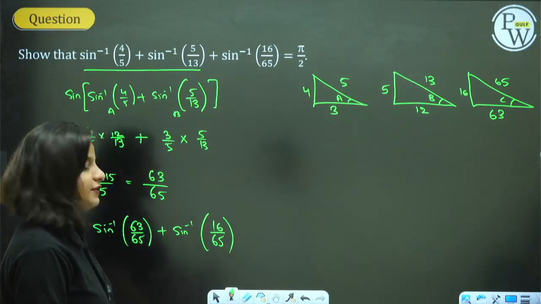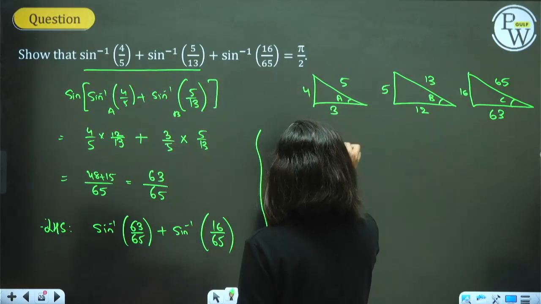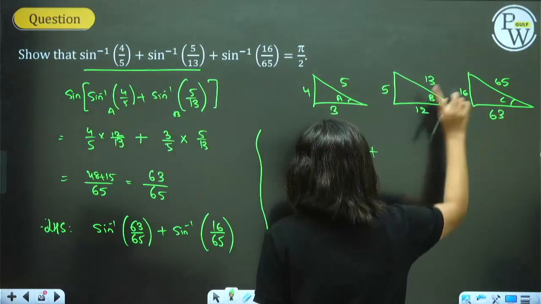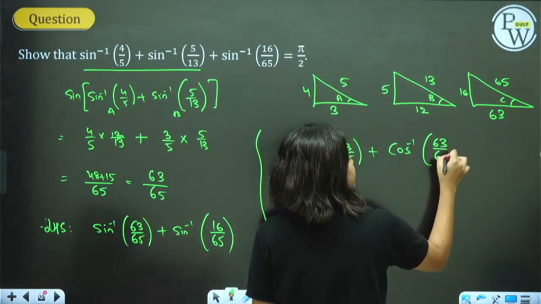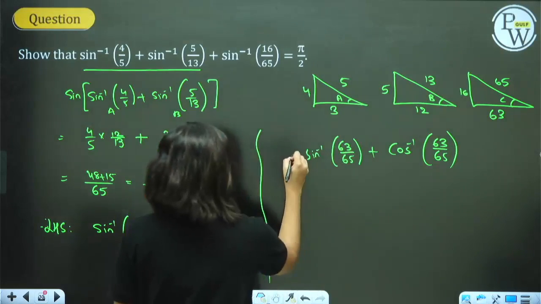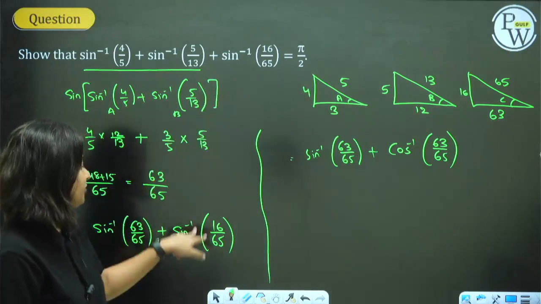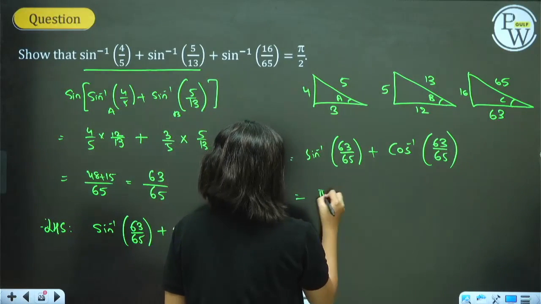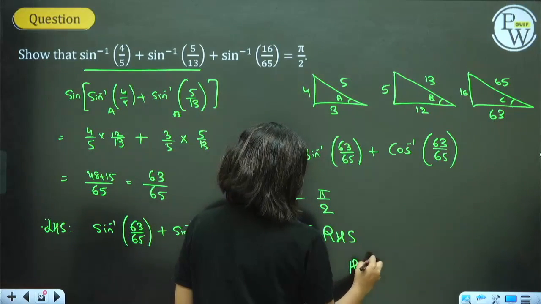This sine inverse of 16 by 65, from this triangle I can write it as cos inverse of 63 by 65. Just check. That's your LHS by including the third term. And sine inverse theta plus cos inverse theta is nothing but pi by 2. That's your RHS. Hence proved.